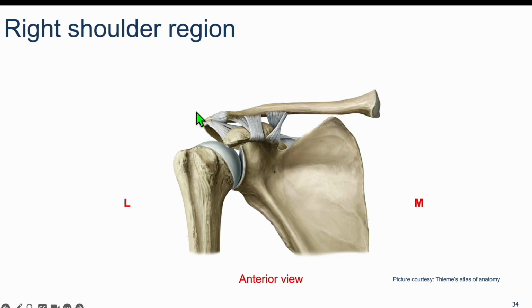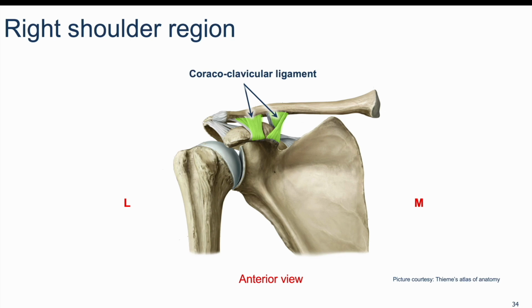So we have come to this view, which is an anterior view. Here you can see clavicle, and underneath clavicle you can see coracoid process of scapula. And what do you see stretching between clavicle and coracoid? You see two big strong bands of ligaments, and they are named coracoclavicular ligaments.